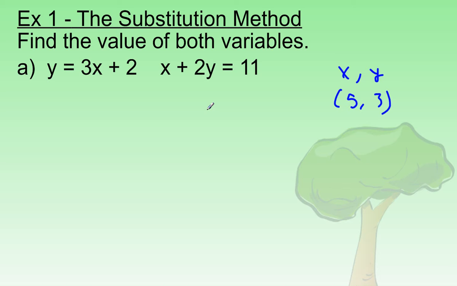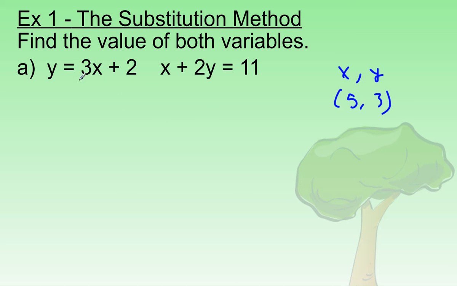The general rule of solving an equation is this: you can't solve an equation if there's more than one variable. You cannot find out what that variable is if there's more than one. So what we need to do is get rid of one of the variables. We need an equation with one variable in it.